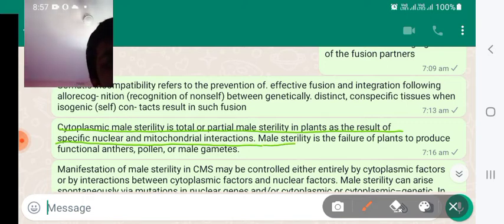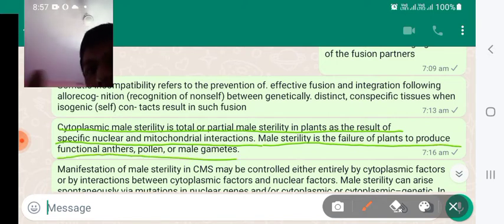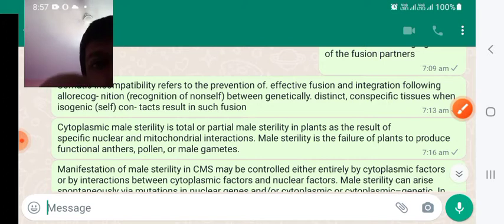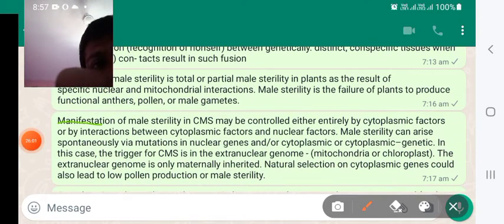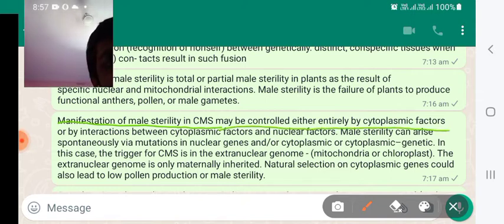Male sterility means, you all know, the failure of the plants to produce pollen grains, anthers, or you can say the male gametes. The manifestation of male sterility in cytoplasmic male sterility may be controlled entirely by cytoplasmic factors or by the interaction between cytoplasmic factors and nuclear factors.